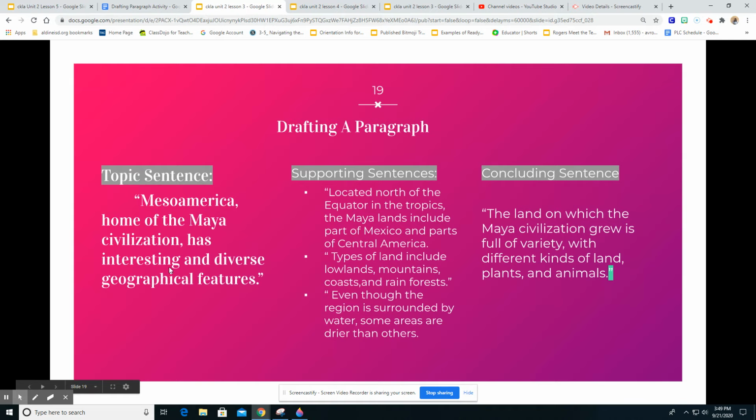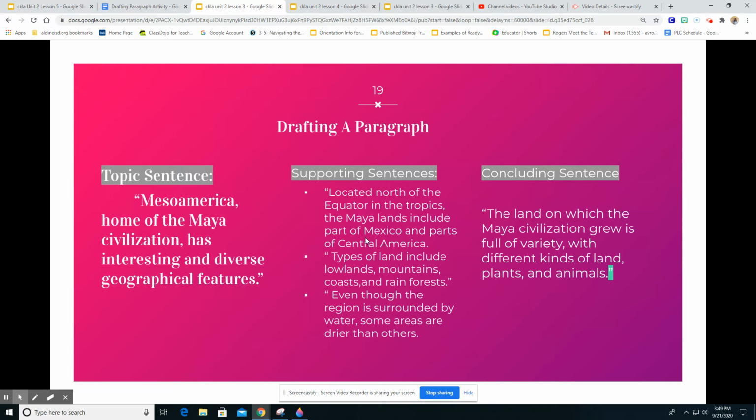After I identified the text, paraphrased, and wrote my planning notes, I began to draft my paragraph. My topic sentence says, Mesoamerica, home of the Maya civilizations, has interesting and diverse geographical features. The two or three supporting sentences: located north of the equator in the tropics.